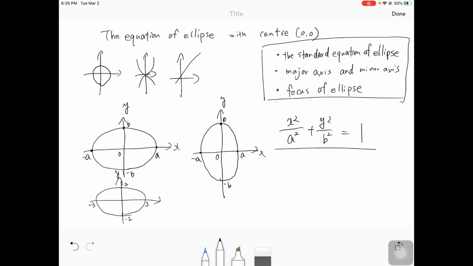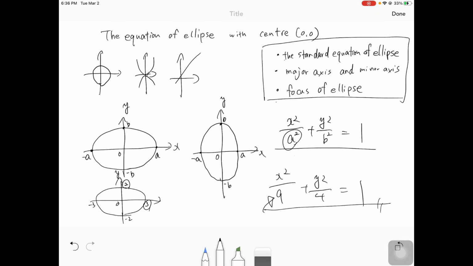In this case, the equation of ellipse is x squared over 9 plus y squared over 4 equals 1. Because the value of a here is 3, so 3 squared is 9. And the value of b is 2, and 2 squared is 4. So that's how you find the standard equation of ellipse. It's not that difficult, I guess.